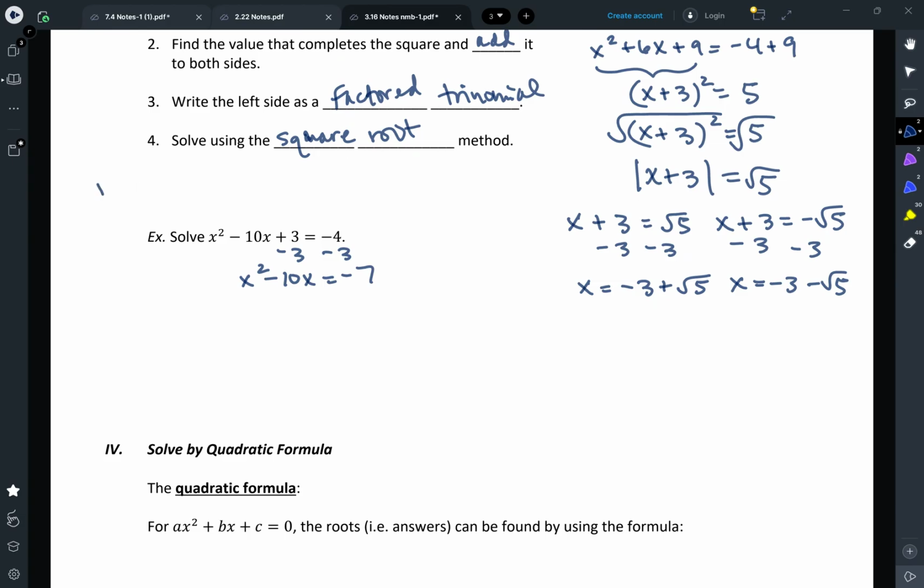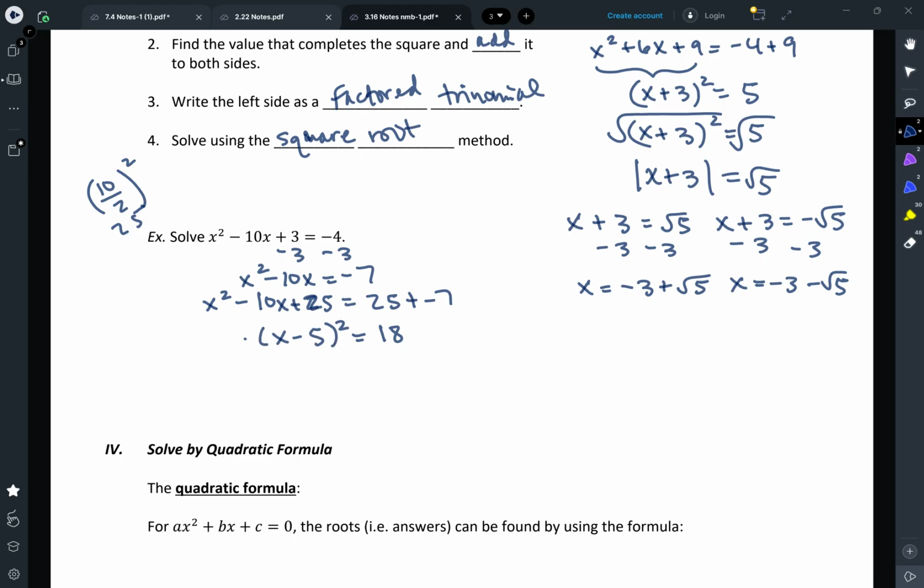So half of 10 is 5. 5 squared is 25. It doesn't matter negative or positive because I'm squaring it anyway. So I'm going to add 25 on both sides. And then we're going to go ahead and factor it as a perfect square. It should be a perfect square on both sides. So now on the right I have 18. On the left I have the quantity x minus 5 squared.